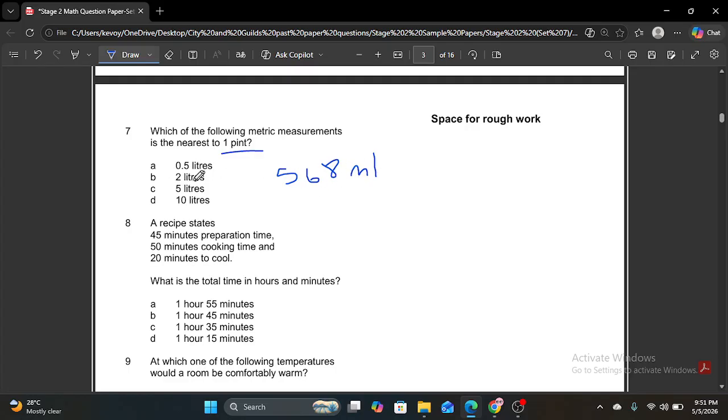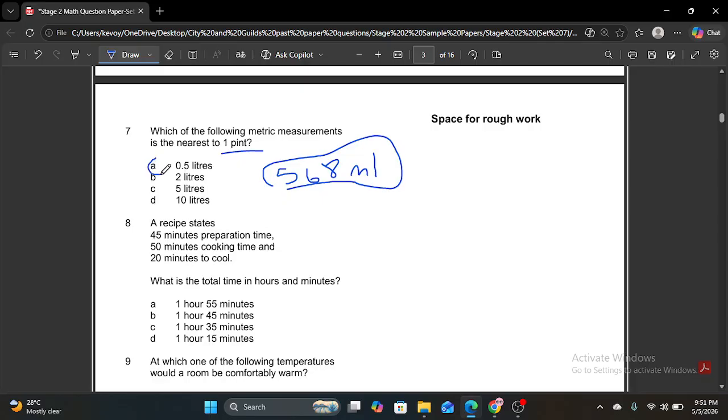So it'll be closest to 568 milliliters. We have 2 liters right here, 5 liters right there, and 10 liters right there. If that is equal to 568 milliliters, the nearest to 1 pint would be 0.5.